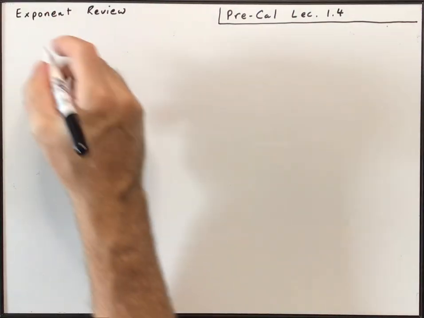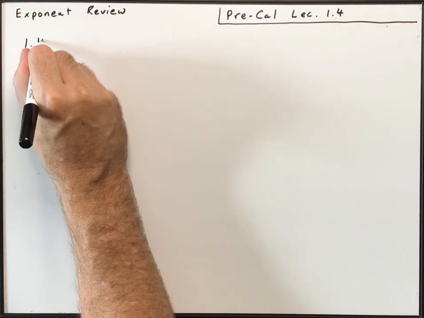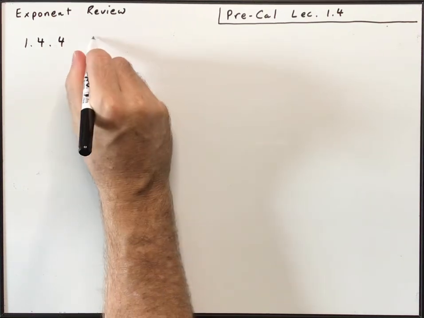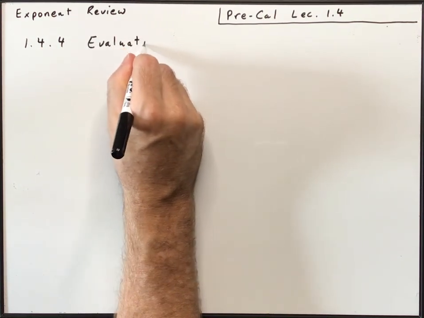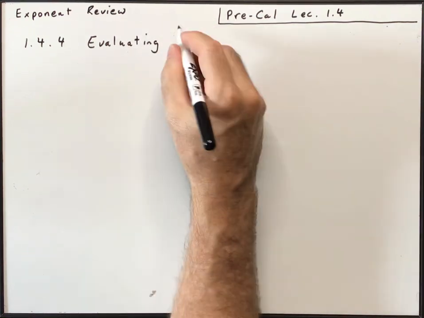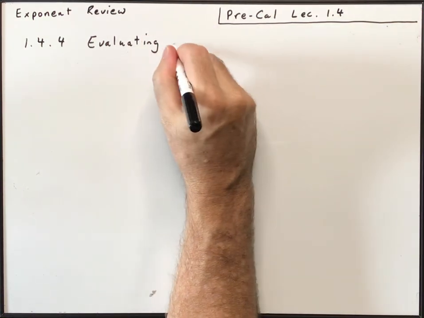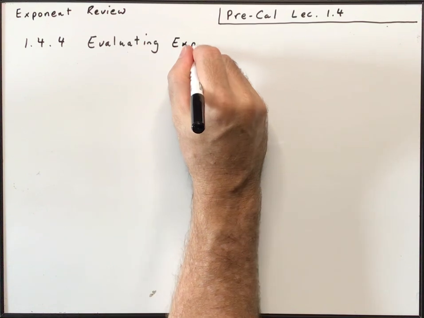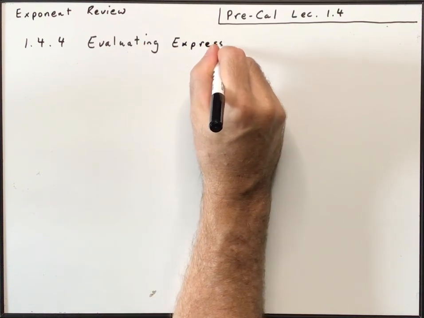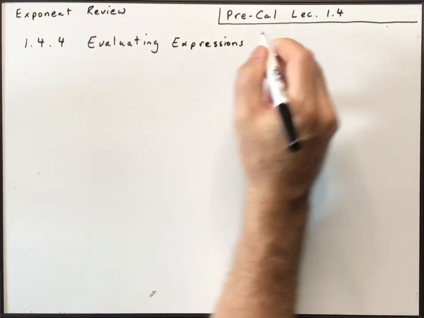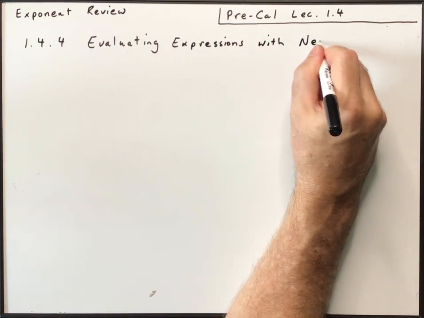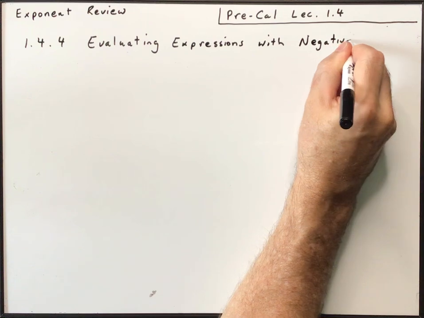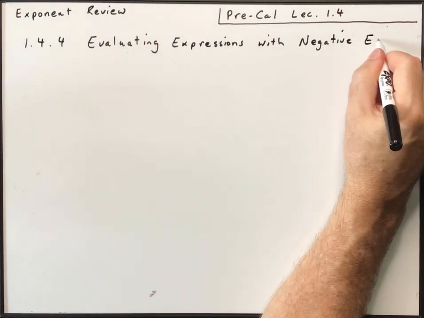All right, so that's 1.4.4, which is evaluating expressions with negative exponents.